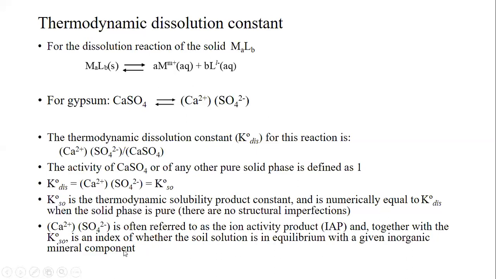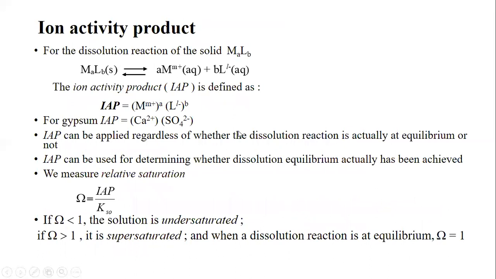Again, we'll see how we test that. How can we check using that to see if we have the equilibrium or not? So we'll use the ion activity product that we already saw how to use.